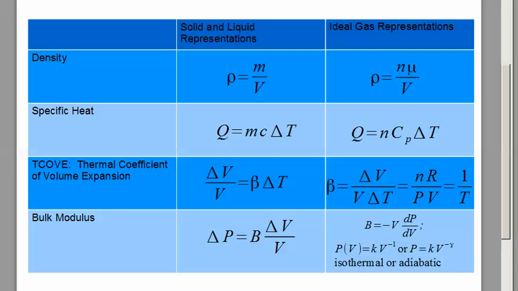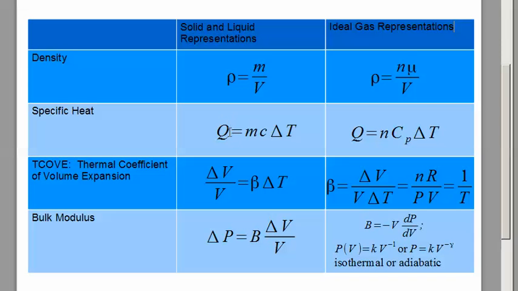So in summary, here's the entire rundown. We've got solid and liquid representations where density is rho equals mass divided by volume, and the ideal gas representation, which is rho equals the number of moles times the mass per mole divided by the volume.